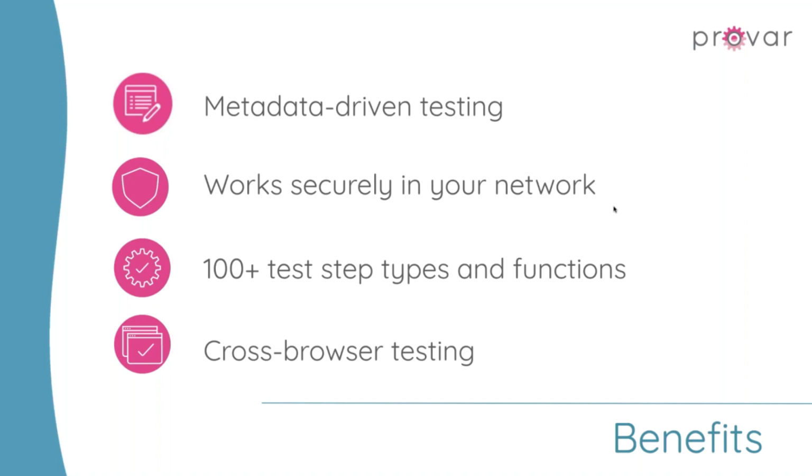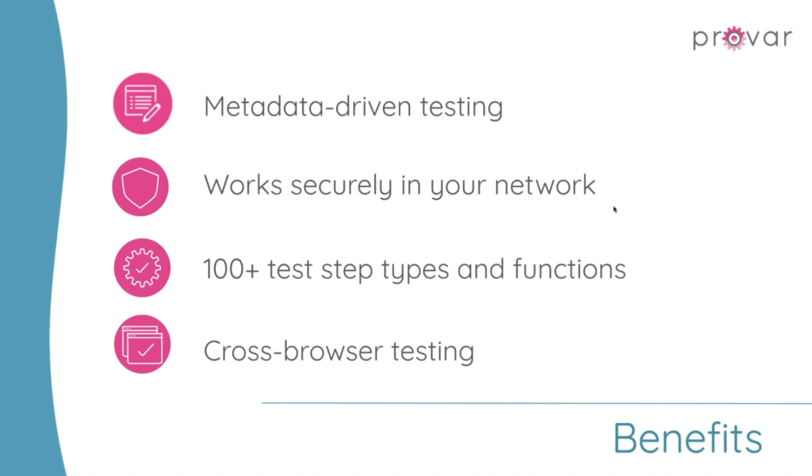To build out your test cases and really structure things accordingly, you've got roughly 100 plus types of different test steps and functions that you can take advantage of that allow you to really build a complex and robust test case, covering all aspects of your environments or scenarios.